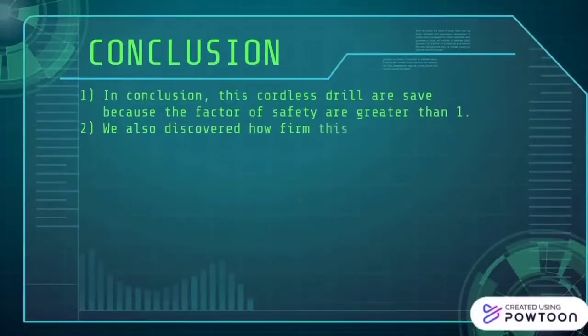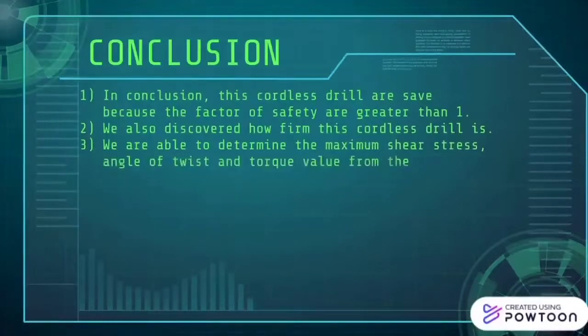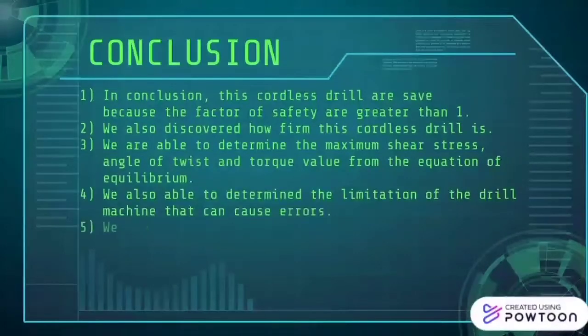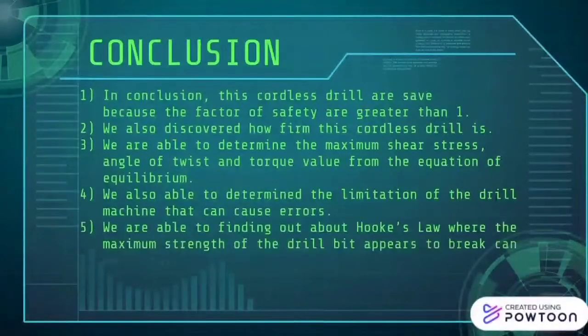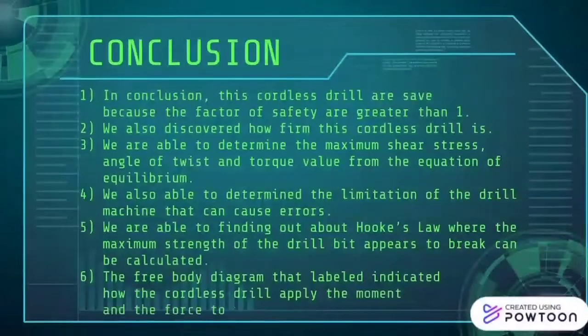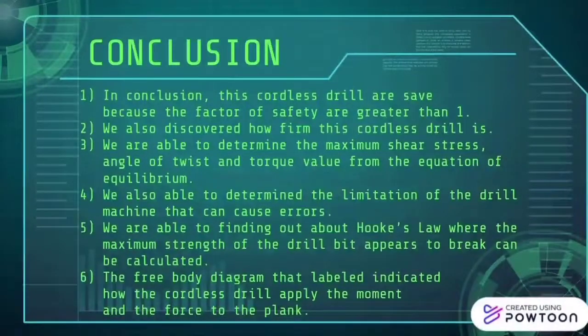For the conclusion, these cordless drills are safe because the factor of safety is greater than 1. We also discovered how firm this cordless drill is. We were also able to determine the maximum shear stress, angle of twist and torque value from the equation of equilibrium.